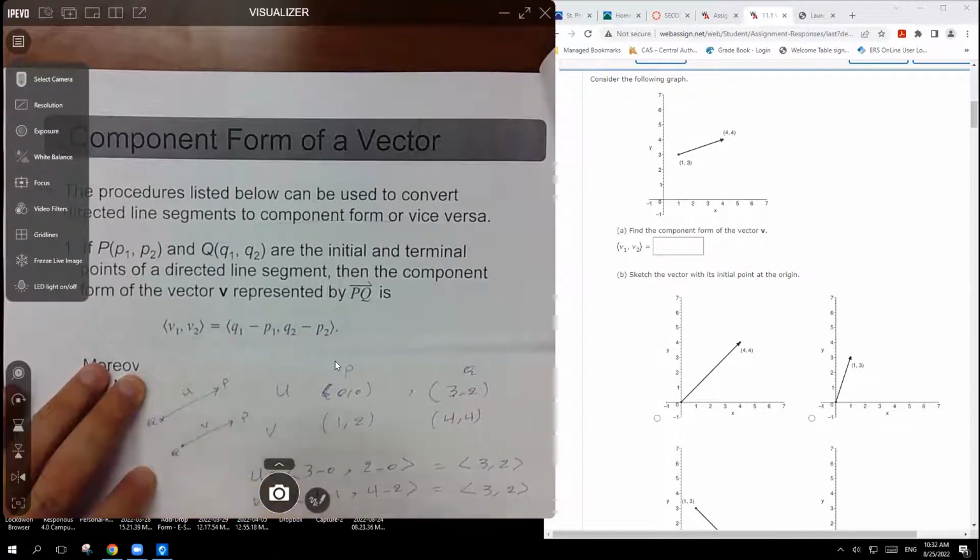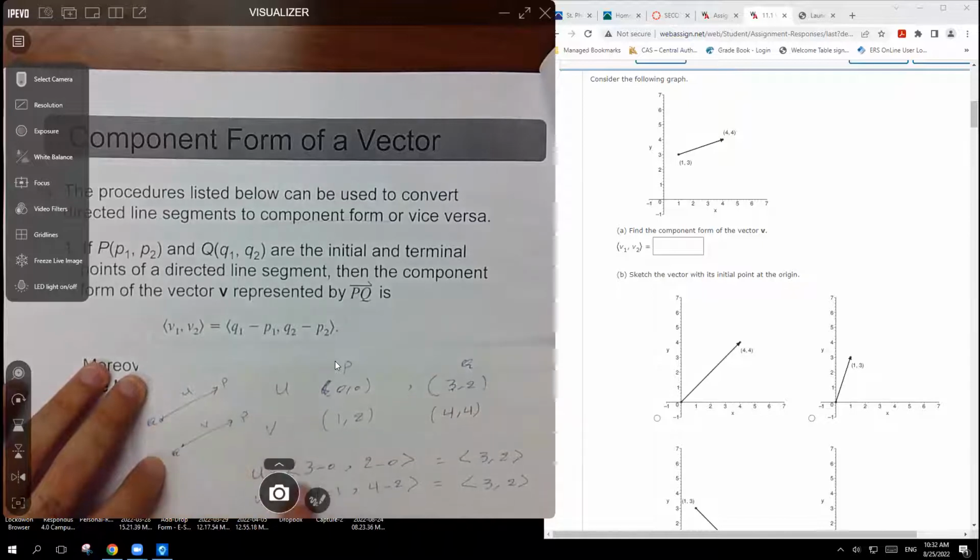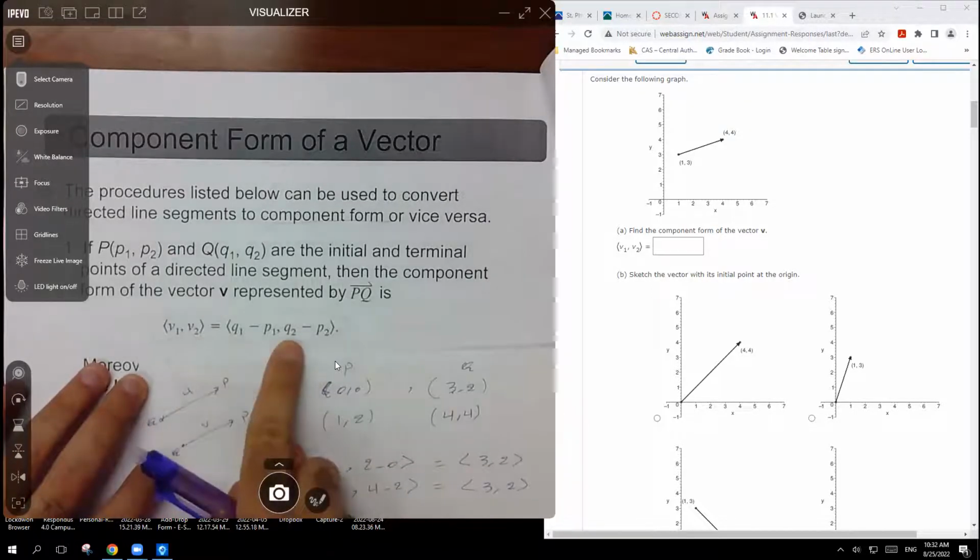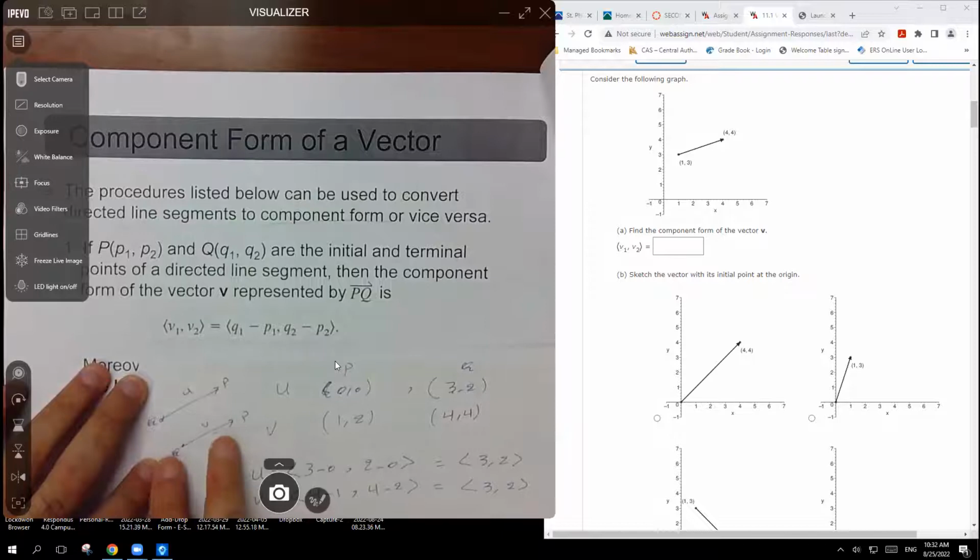To prove these two vectors are the same length and the same direction, we don't have to find the slope, and we don't have to find the length of each one. We're just going to convert the first vector to the component form, and convert the second vector to the component form.